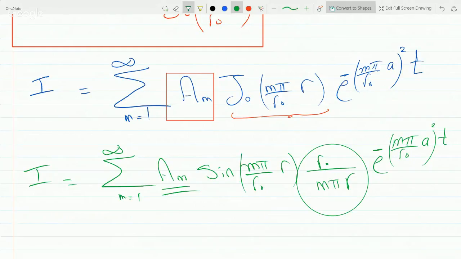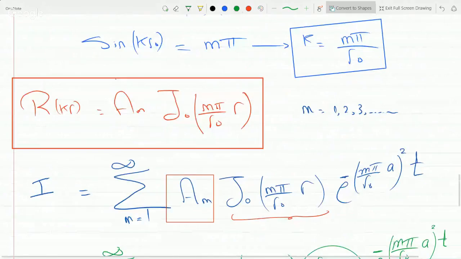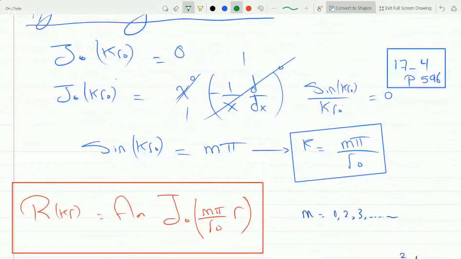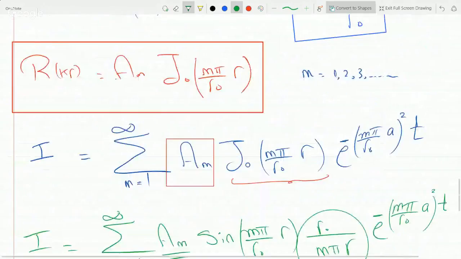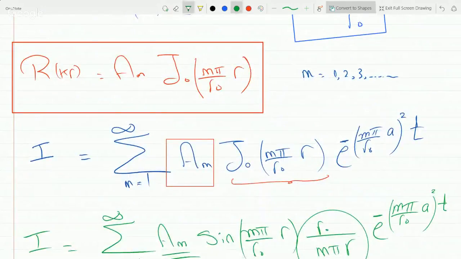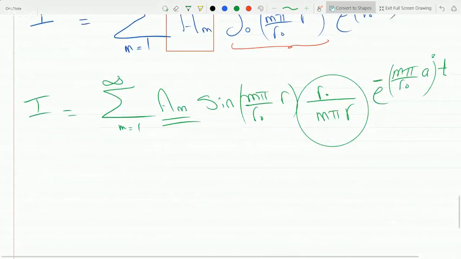And here you have over x, so you're going to get over m pi over R0, sine x over x. So when you divide by m pi over R0, it's the same thing as multiplying by R0 over m pi r. You just flip it. I didn't notice that you didn't have that denominator. Yeah, so that's where that came from.